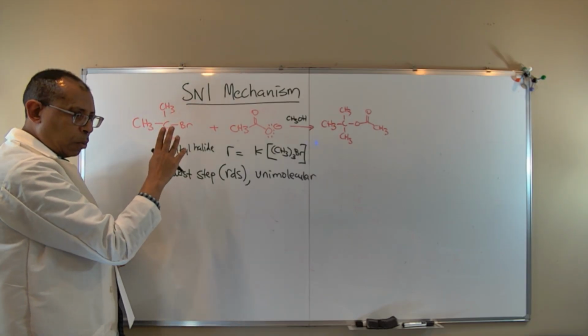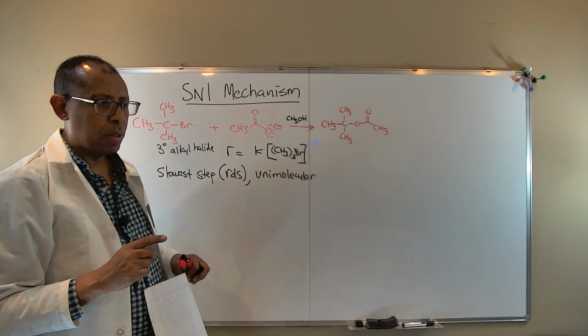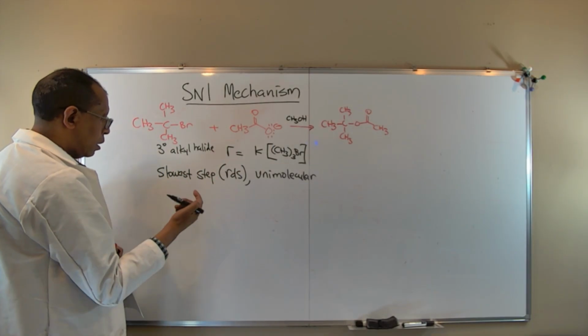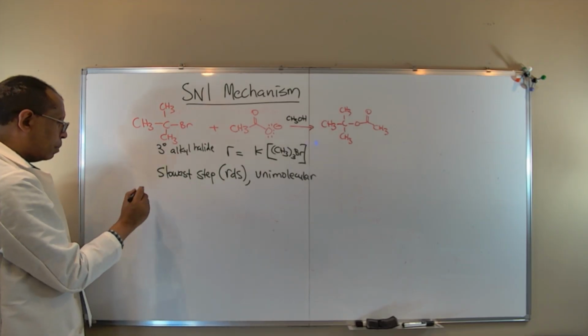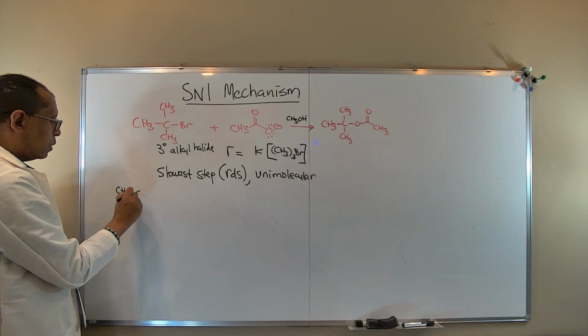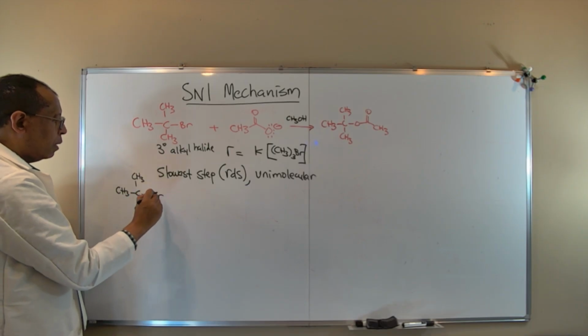For all SN1 reactions, first the carbocation formation is the rate determining step. So in terms of drawing a reaction mechanism with arrows, CH3, C, CH3, CH3, Br, first step.